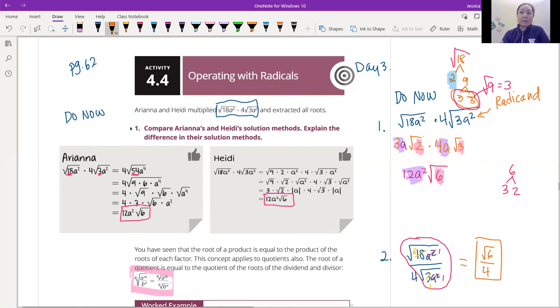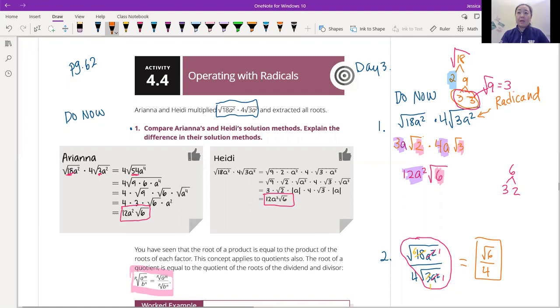We could split up the 9 into 3 times 3. So we're looking at 2 times 3 times 3. That is a prime factorization. So we're looking for doubles, right? Because we want perfect squares, which are 2 of a kind. And so we notice that 3 times 3 would be 9. We know the square root of 9 is 3. So that's why there's that 3 right out here.